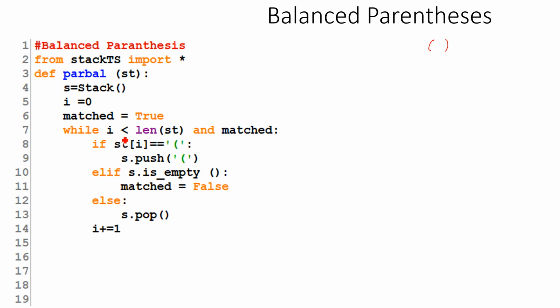Now we start the iteration over the entire length of the string. As long as i is less than the length of the string and match is true, the following statements are going to execute.